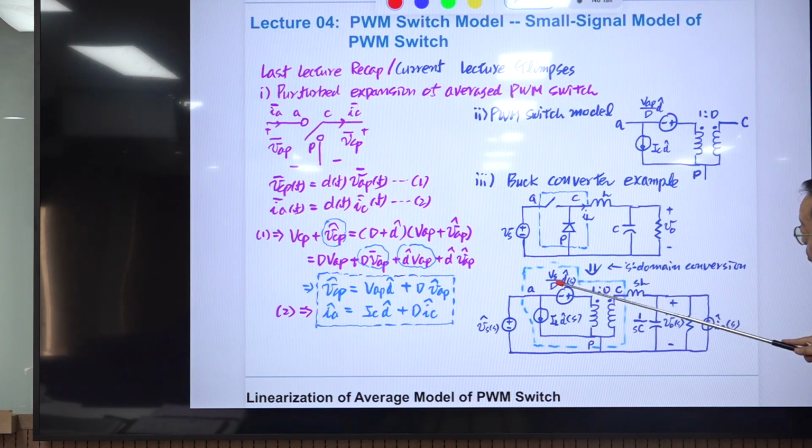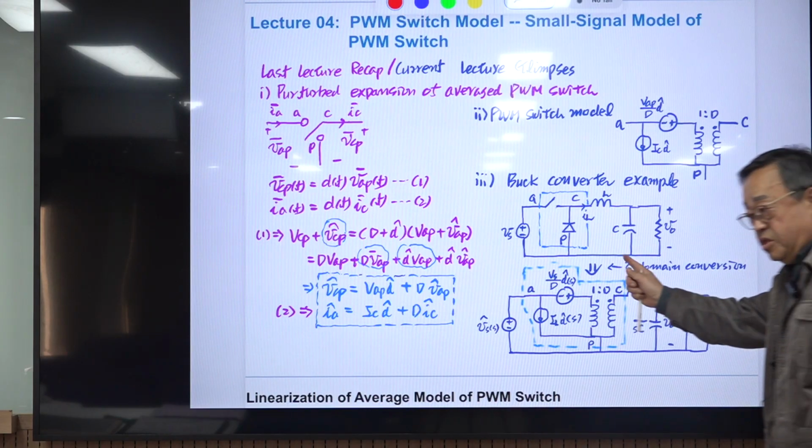For the buck converter, VAP is the voltage across the A terminal and the P terminal, which is the input voltage Vs. And IC is defined as the current coming out of the C terminal, so this is the same as IL. Here IC is replaced with IL, and this d hat, s. So all the variables are expressed in terms of s.